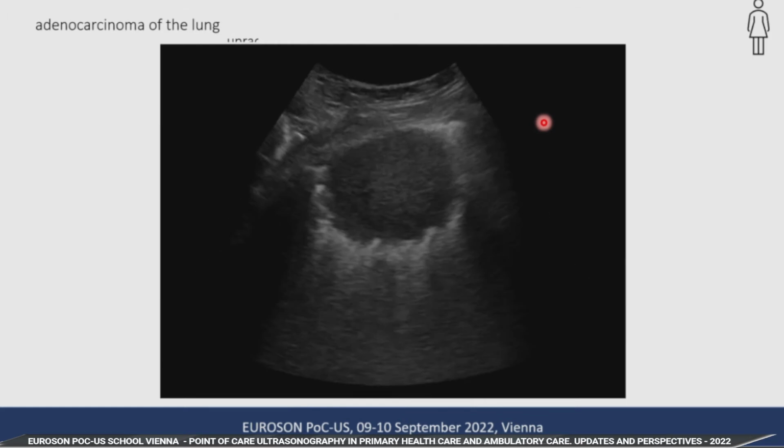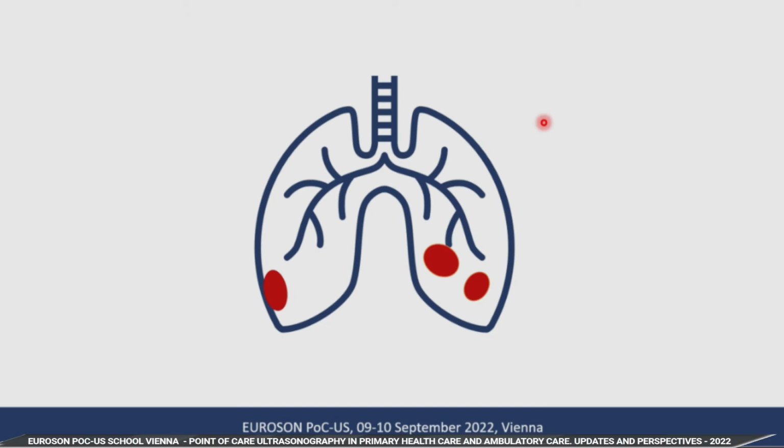This is an example of adenocarcinoma of the lung. This is a lady who was losing weight. This is how adenocarcinoma of the lung looks, because very often it's connected with the chest wall. But remember that we might have three types of sonographic images in patients with lung cancer.